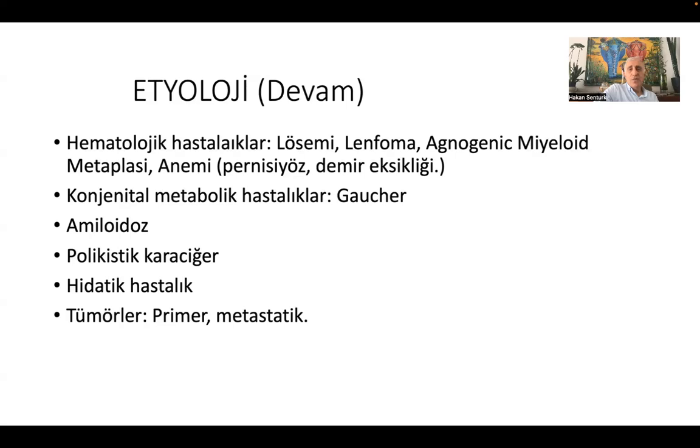And usually it is the result of long-standing infection, chronic infection, or chronic inflammatory diseases. But amyloidosis may be a primary type due to some genetic abnormalities as well. In our country, amyloidosis is mostly due to familial Mediterranean fever.